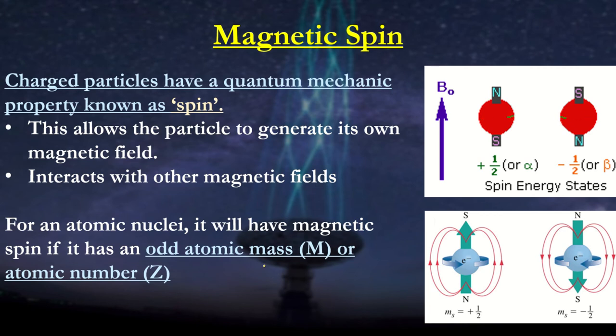So in this case, the ones that we use, carbon-13 has the odd atomic mass, while hydrogen-1 has the odd atomic number. Okay, so that's the idea that we have here. You can think of the charged particle spinning, and as it spins, any charged particle that spins is able to generate magnetic fields.